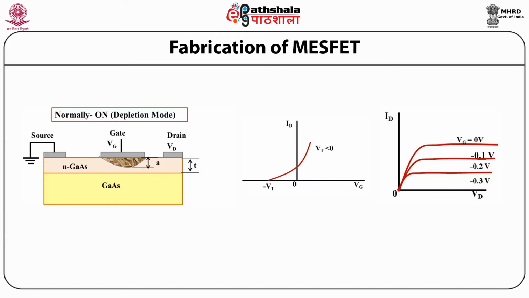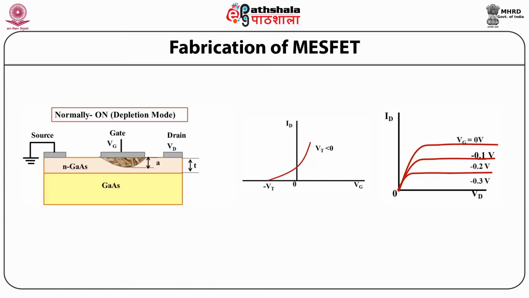If the width A of the depletion region in the N-type semiconductor underneath the Schottky gate does not extend to the entire thickness T of the N-type layer, the MESFET is in depletion mode as shown in this figure. Here, the depletion width A is less than T, the thickness of the N-type layer.